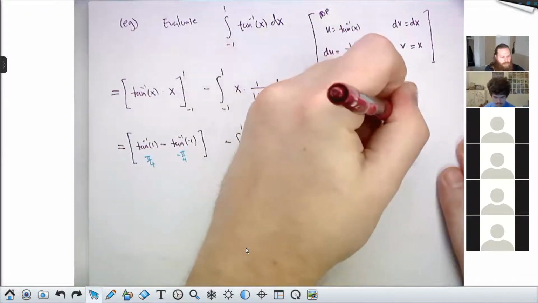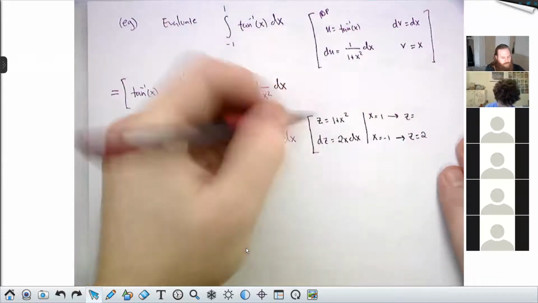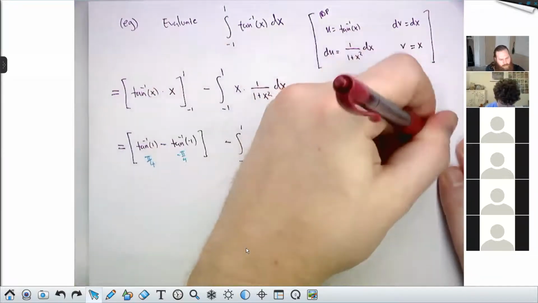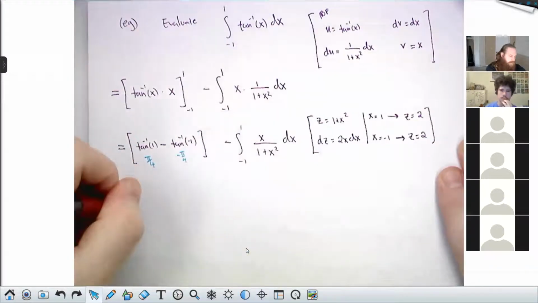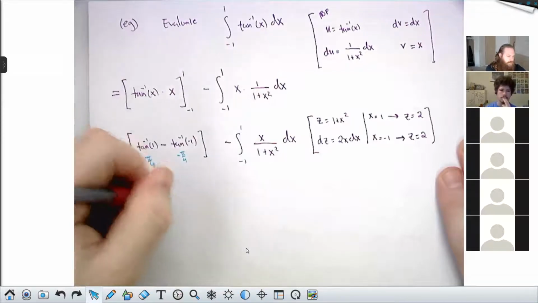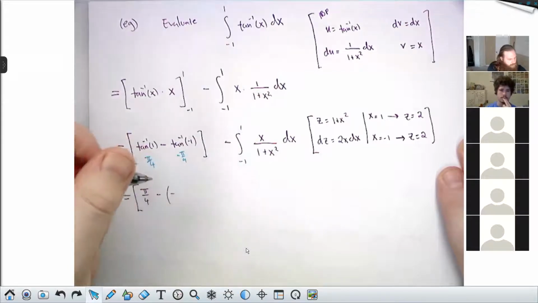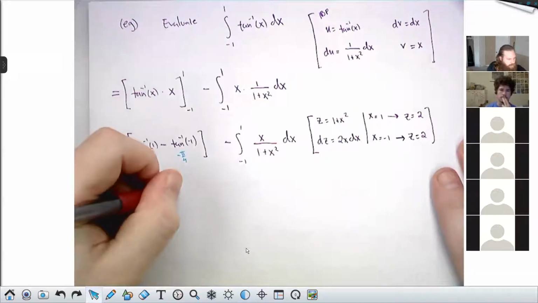And when x is positive 1, z is going to be 1 plus positive 1 squared, which is also 2. So here's what we end up with. I've got pi over 4 minus negative pi over 4.